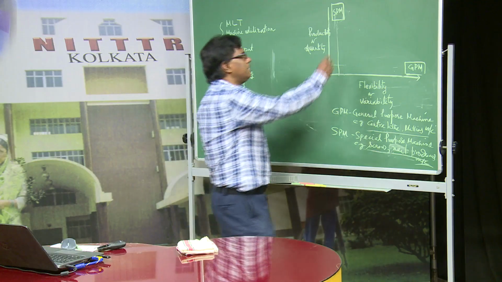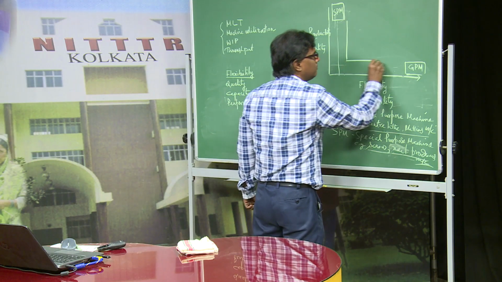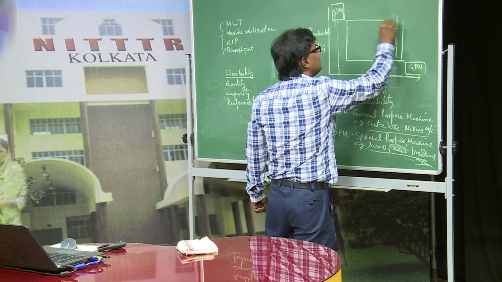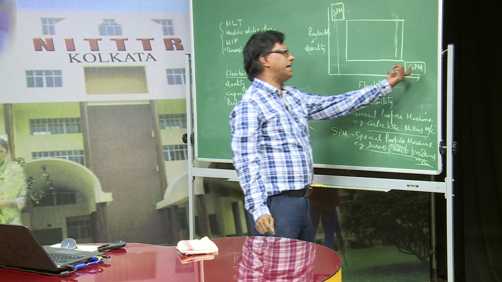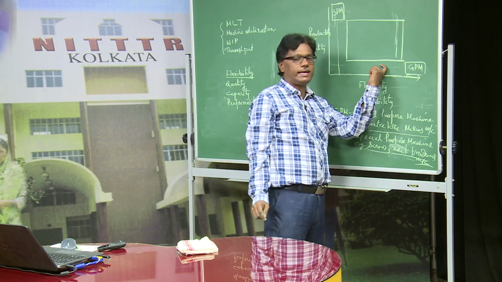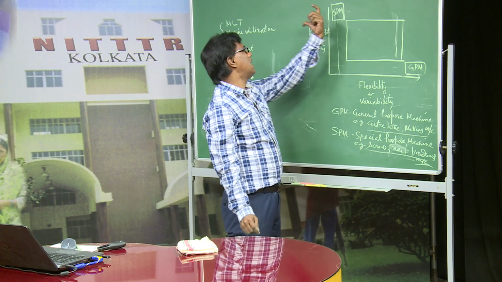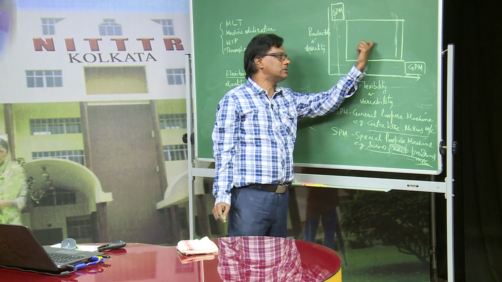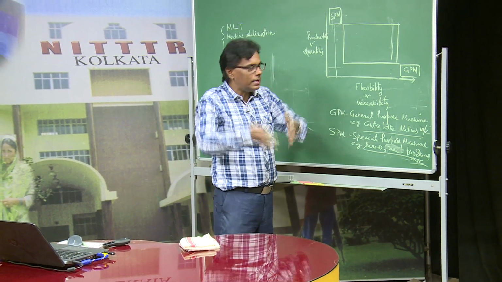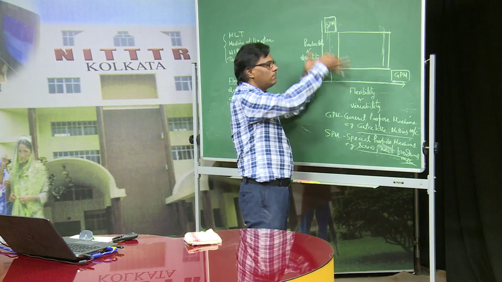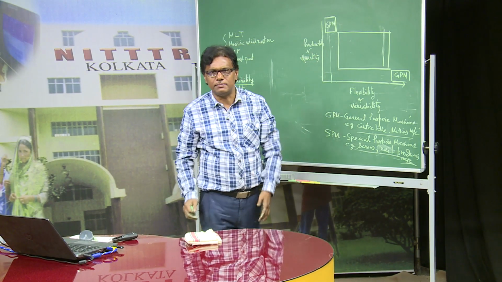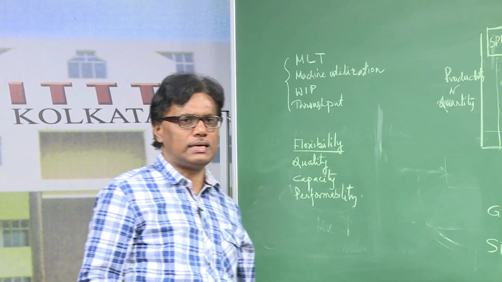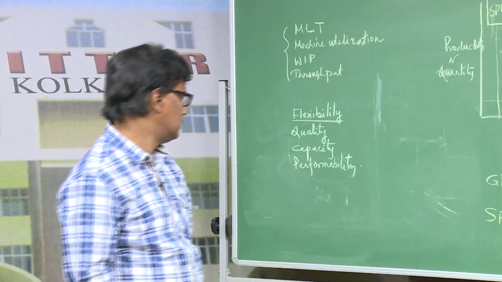So, in between this system what happens? Here I am sacrificing some flexibility and I am sacrificing some productivity, so that in the middle some flexibility is there, at the same time some medium productivity is there. That means I am compromising for the benefits of something, for the benefits of others.